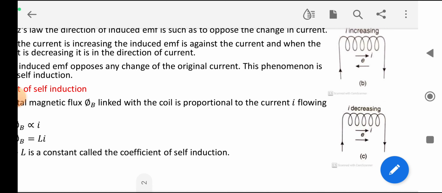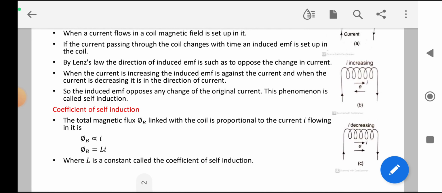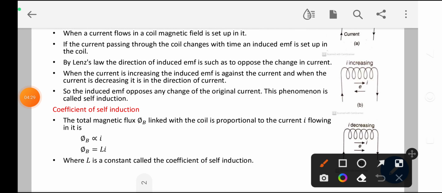In the first case, it opposes the increase, so the current cannot increase. That is the main work of the induced EMF. It cannot let the current increase, and it cannot let the current decrease, so it maintains a constant current.